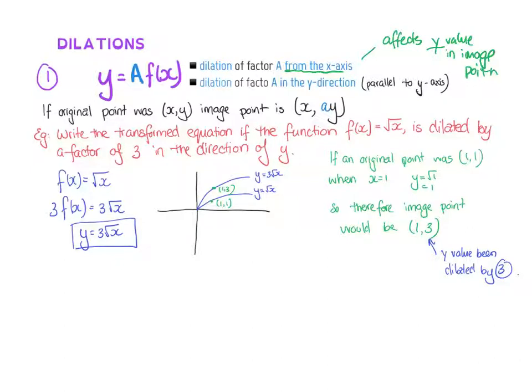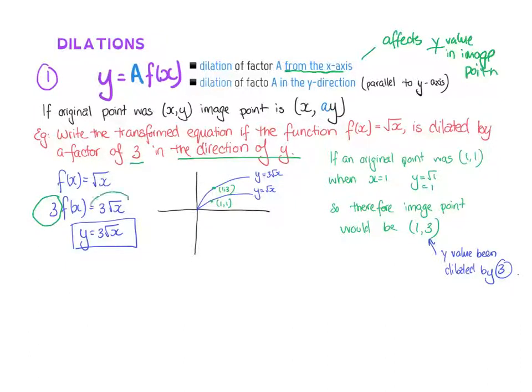So in this example, it says write a transformed equation for the function f(x) equals the square root of x, dilated by a factor of 3. Another way to say "in the direction of y" is that it affects y. Just here I showed you how when you are dilating this way, you can look at it as multiplying the whole function by 3.